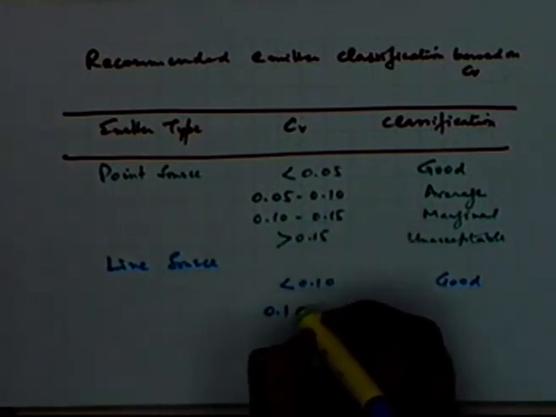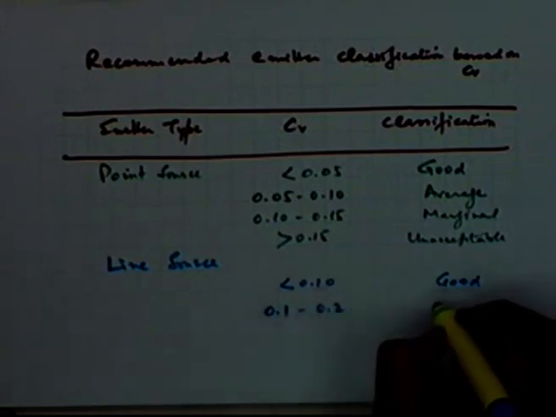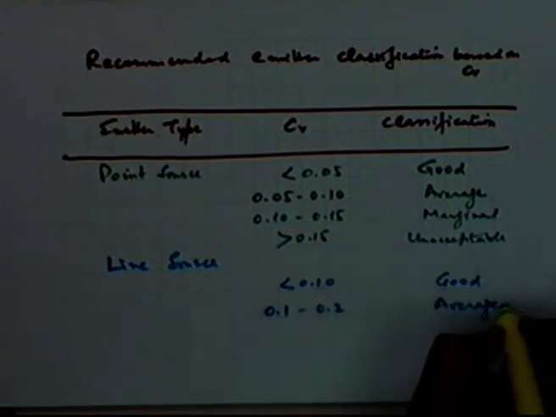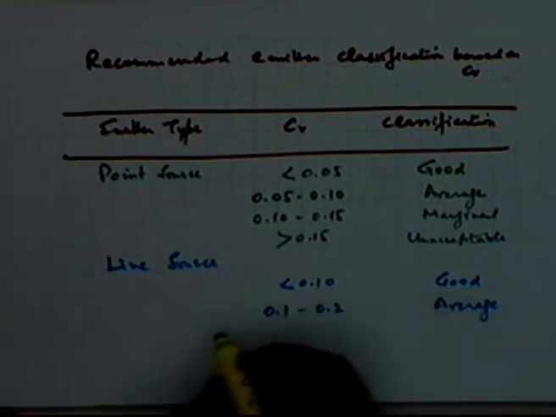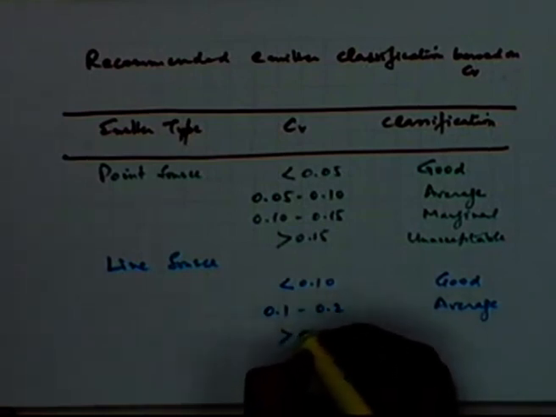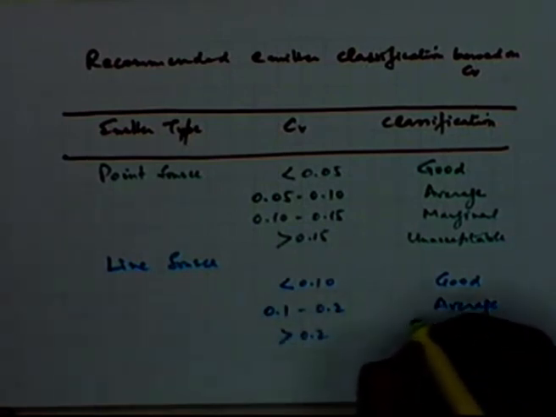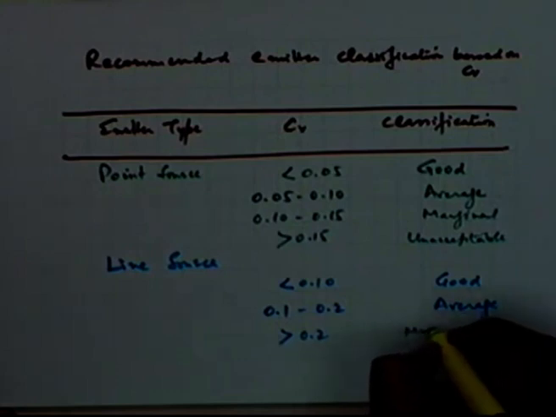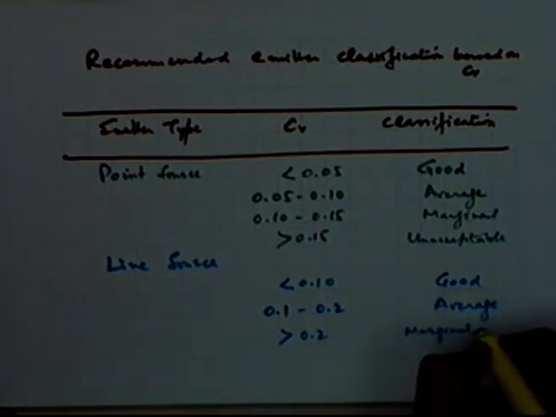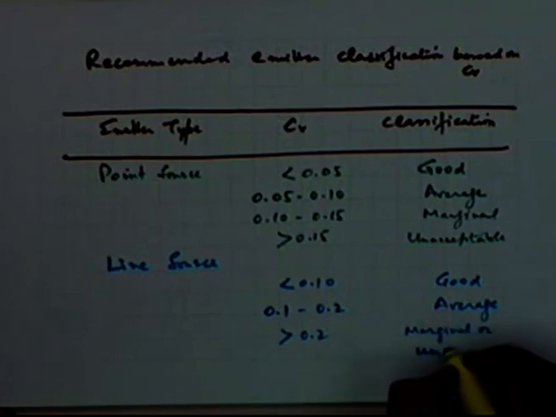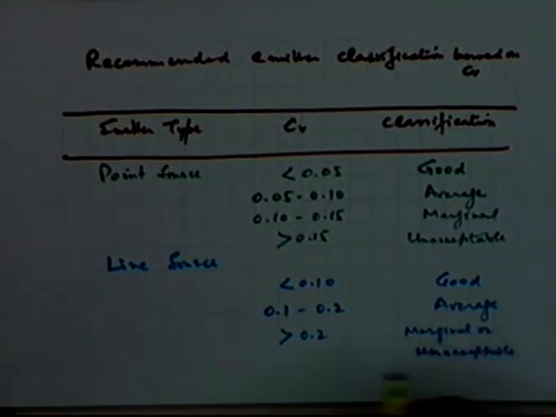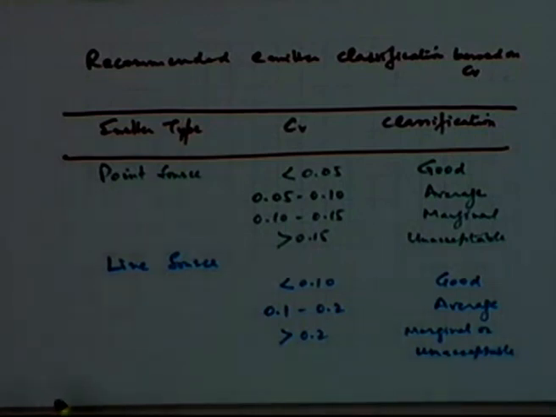So, if it is between 0.1 and 0.2, it belongs to the average class, and greater than 0.2 is marginal, or we can also term it as unacceptable.